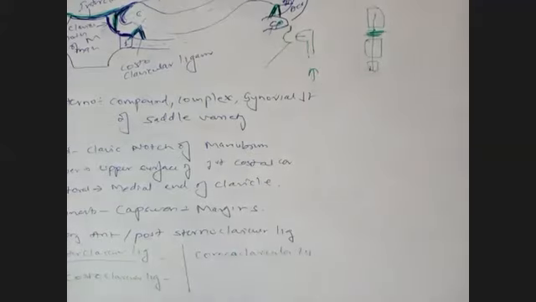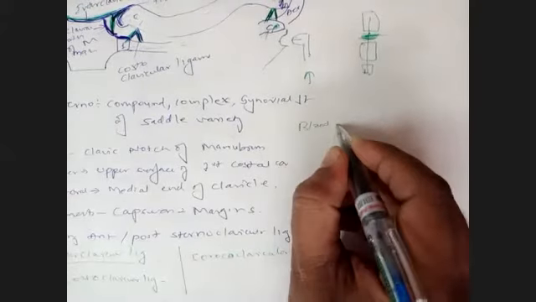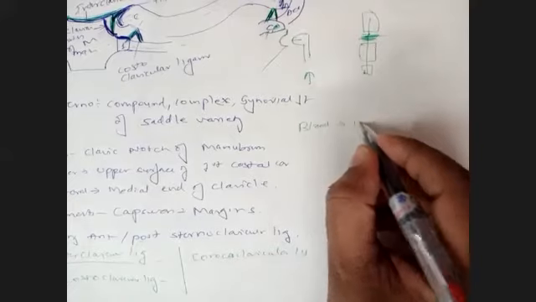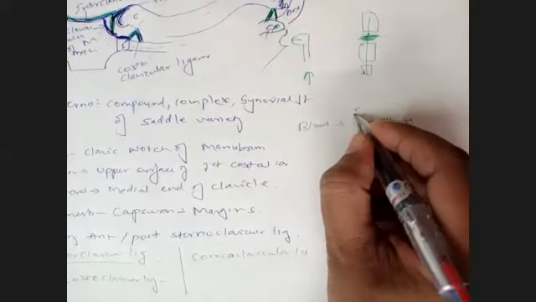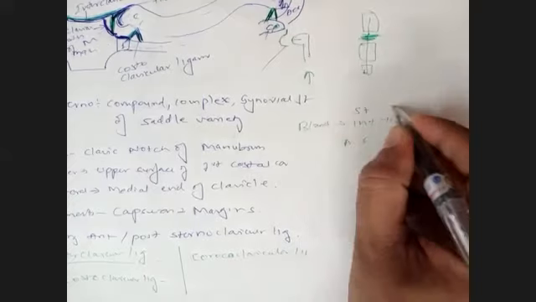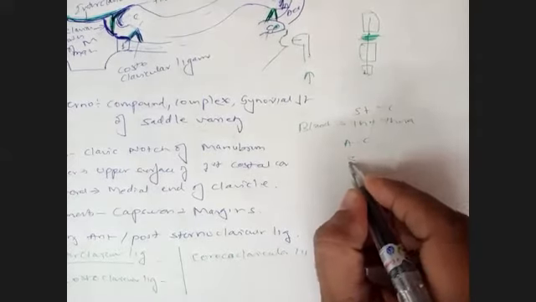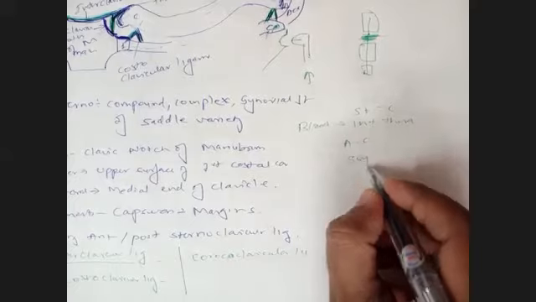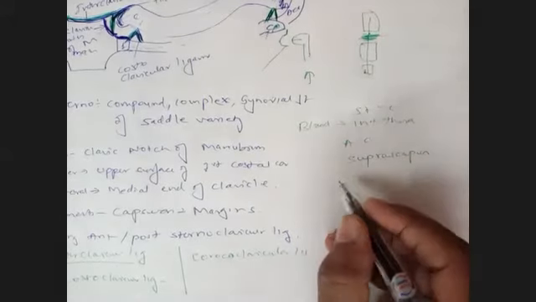Then the blood supply of these joints: the medial side joint, that's the sternoclavicular joint, will be supplied by the internal thoracic artery, and the acromioclavicular joint will be supplied by the suprascapular and coracoacromial artery. Normally, they may not ask you this in exams.